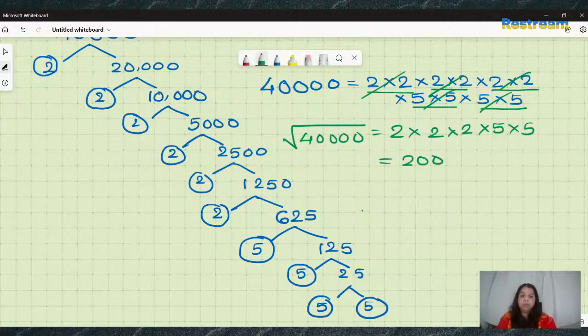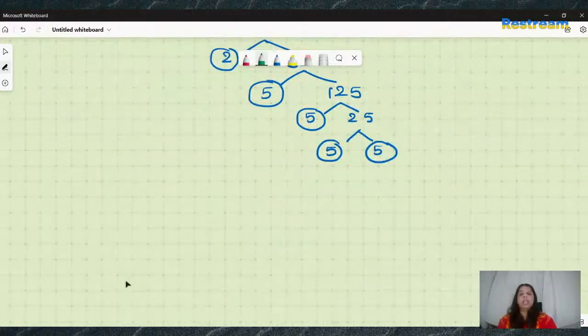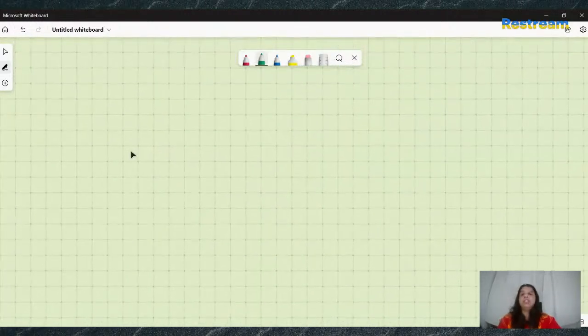So this number was pretty easy. But how do we know that any given number is a perfect square? So let's take a number which doesn't look like it is going to be easy to find the square root of. My number is 5625.